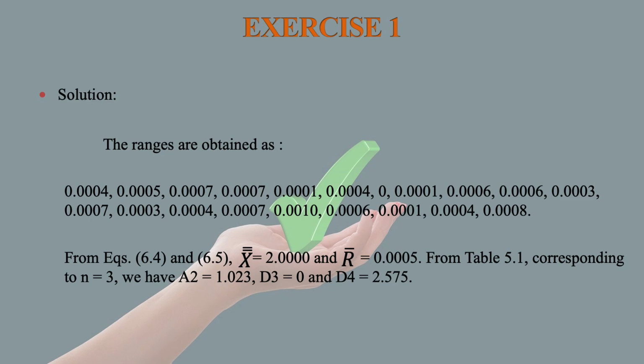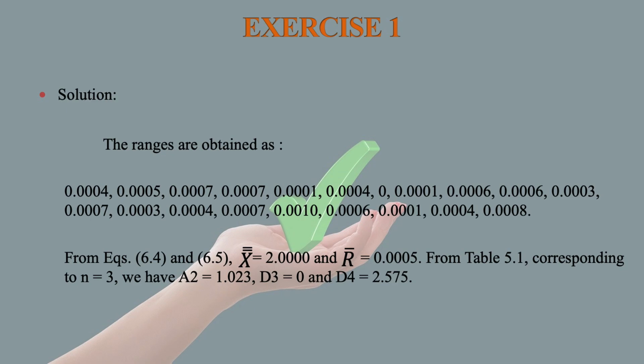X double bar is equal to 2.000. This you can calculate as the mean of all means. All means are given for different samples. From there, just add and divide by 20. That will give you the X double bar, that is known as the mean of means.